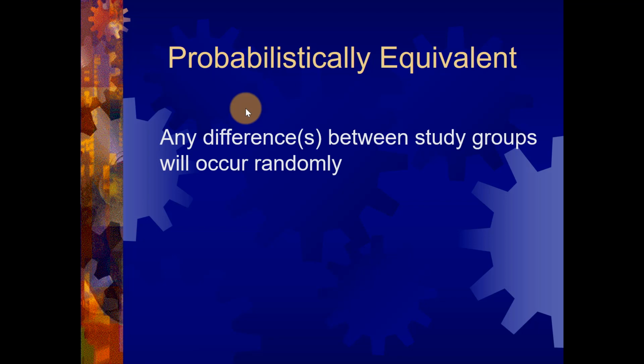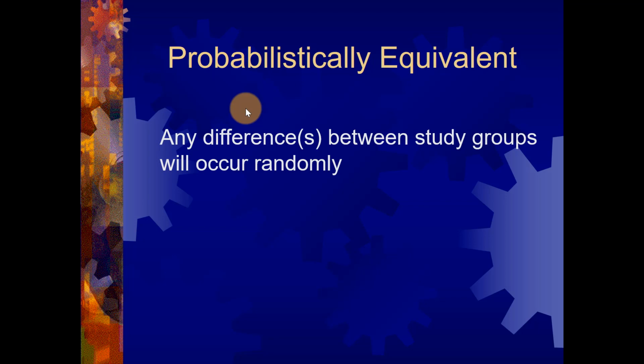And this is what we want when we're evaluating a program. This is the ideal sort of design that we can do, an experiment, because we want to be able to say at the end of the day that it was the intervention that led to the effects that we saw and not any pre-existing differences between those two groups.